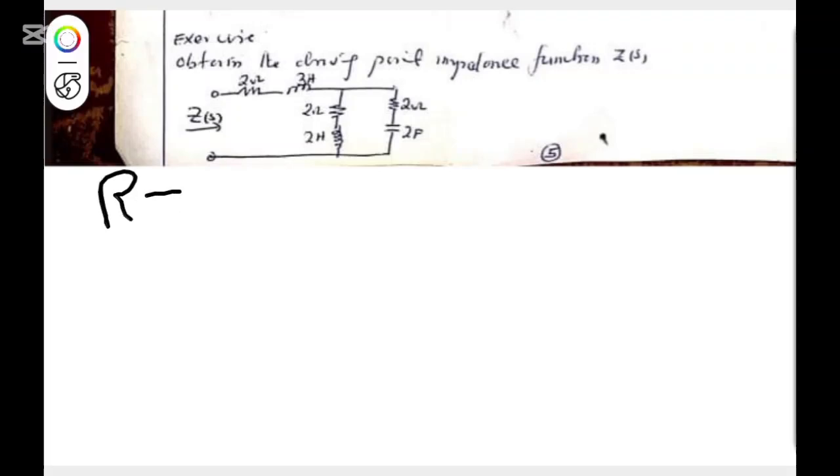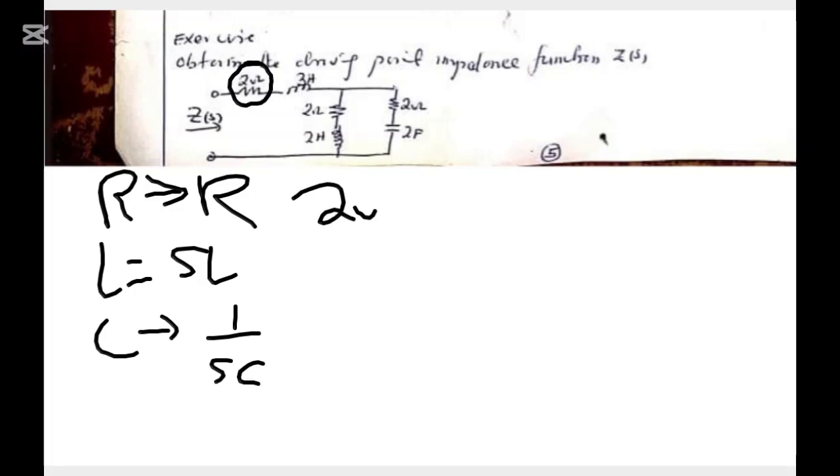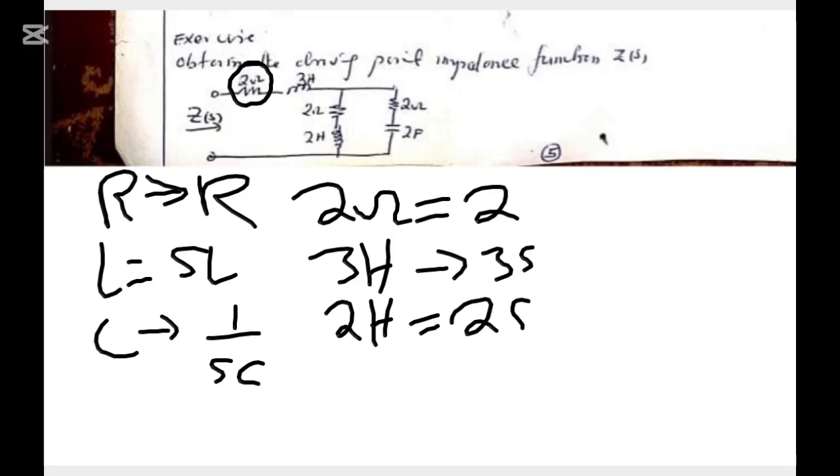R is always R, L is always SL, and C is always 1 over SC. So this 2 ohm will now become 2, the 3 H will become 3S, the 2H will also become 2S, and the 2F will become 1 over 2S.